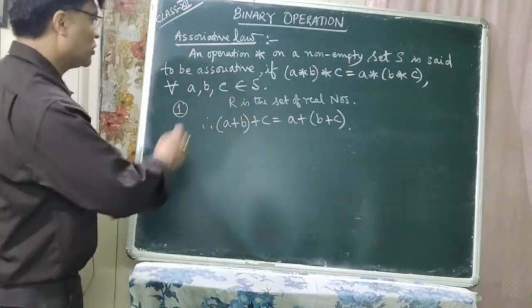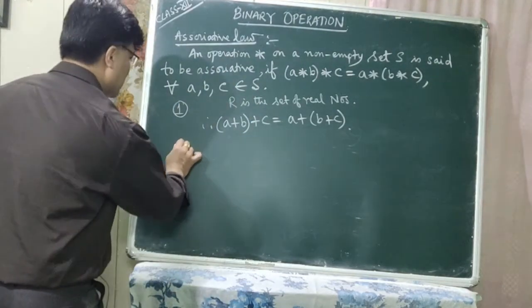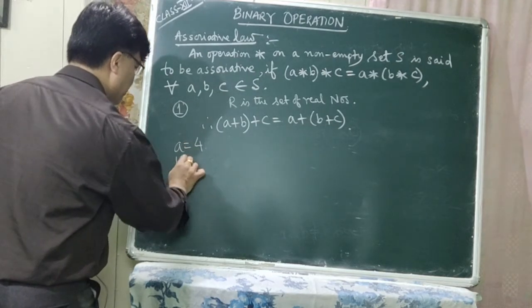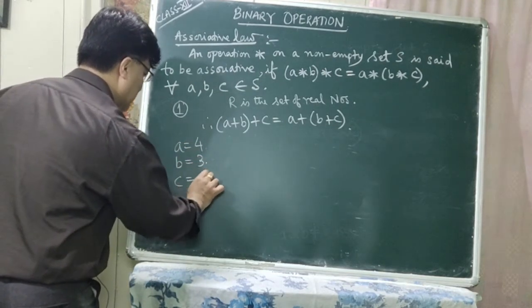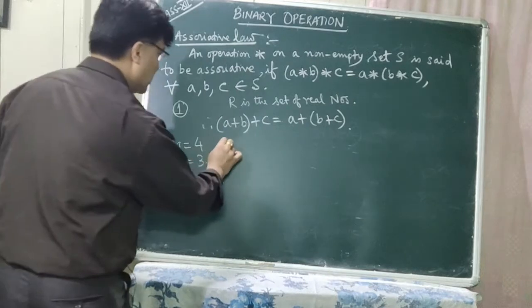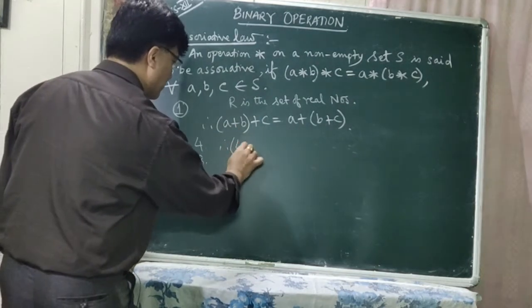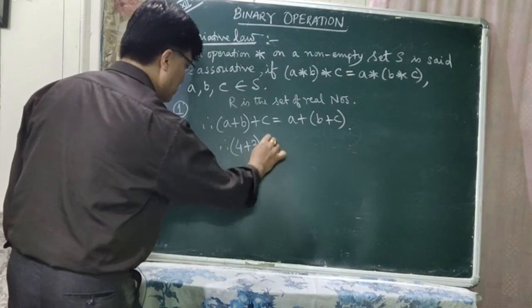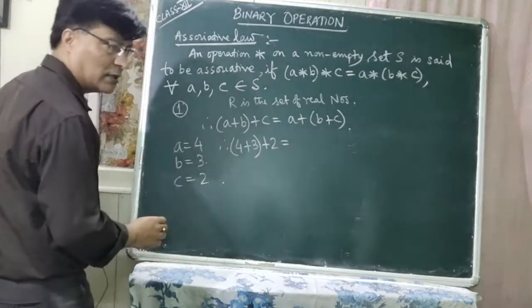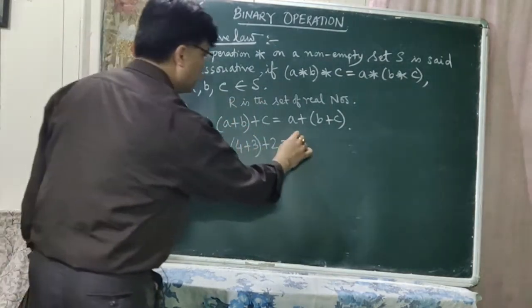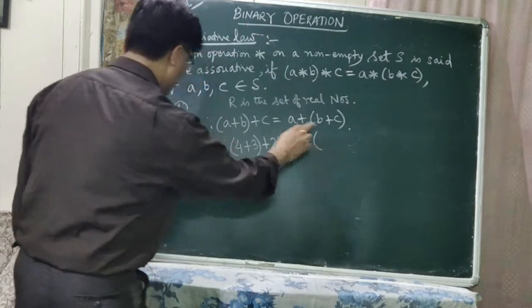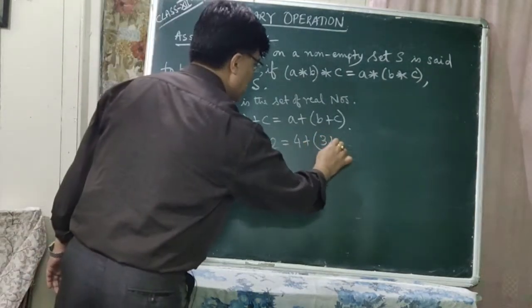Is that clear? You can take the example A equal to 4, B equal to 3 and C equal to 2. Let us put it here: A is 4, B is 3, (4 plus 3) plus 2 is equal to A plus (B plus C), that is 4 plus (3 plus 2).